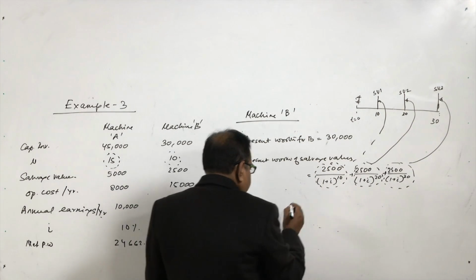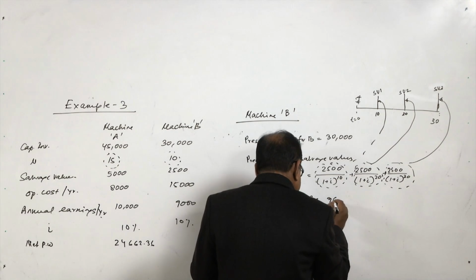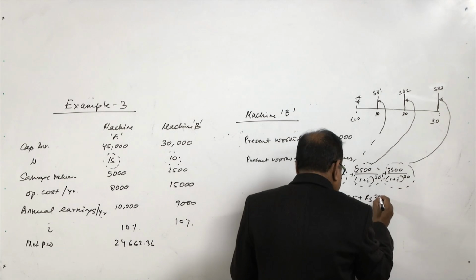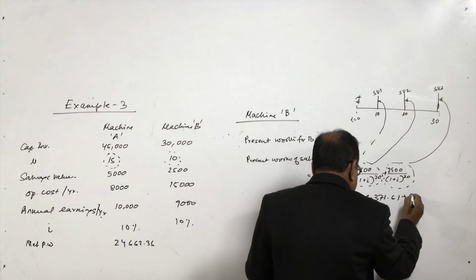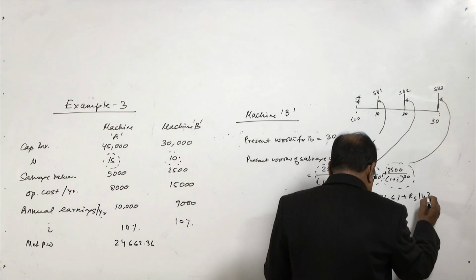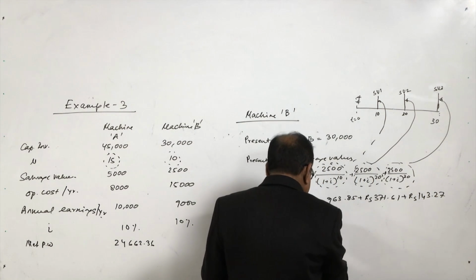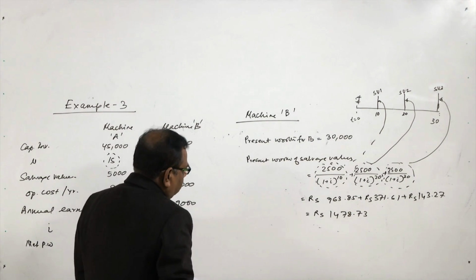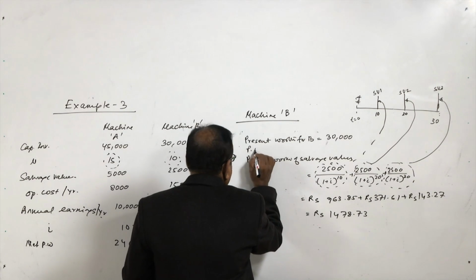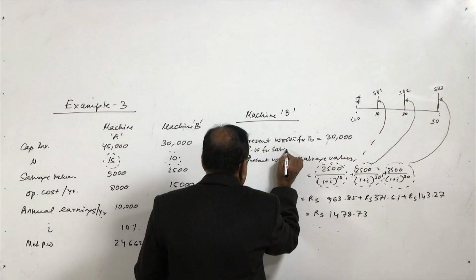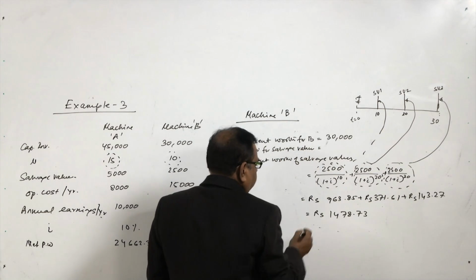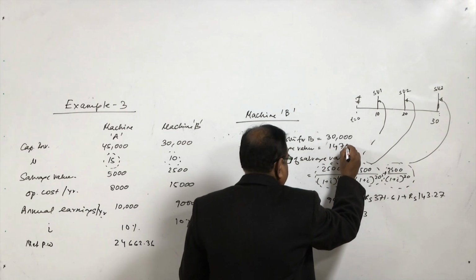Now, the amounts are rupees 963.85 plus rupees 371.61 plus rupees 143.27, and this comes out to be rupees 1478.73. So, present worth of salvage values is equal to 1478.73.